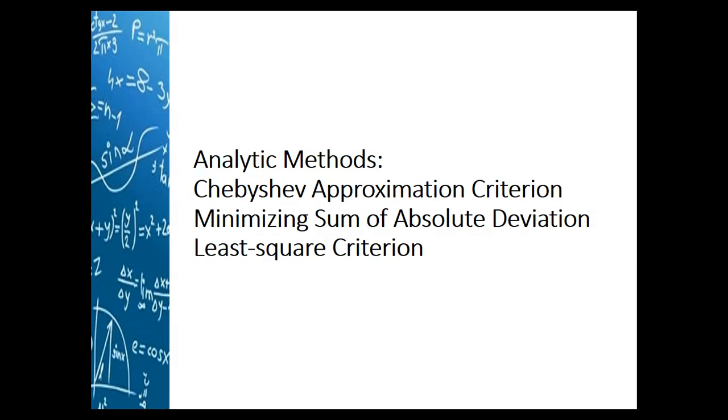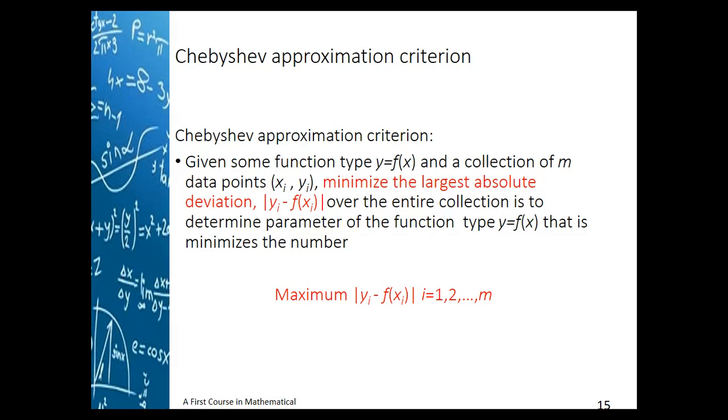So what do these three different criteria talk about? We start with the Chebyshev first. The idea of the Chebyshev approximation criterion is to focus on the absolute deviation.